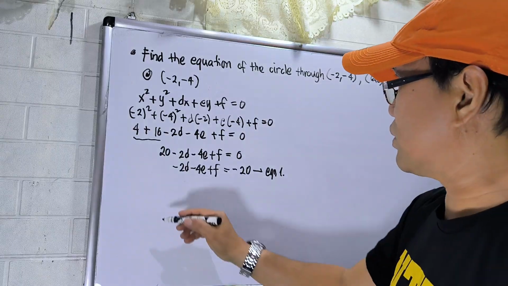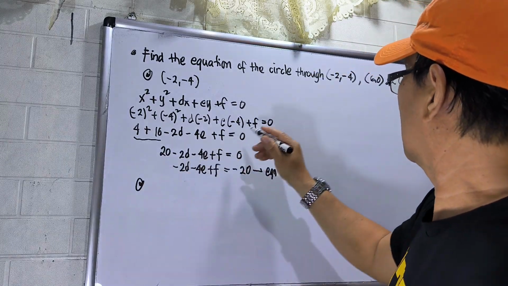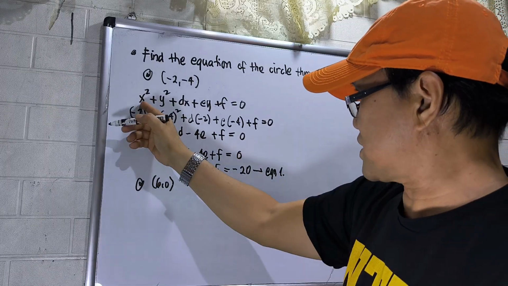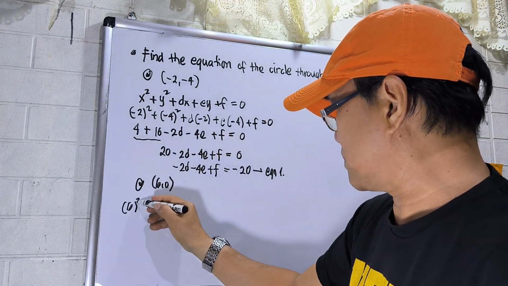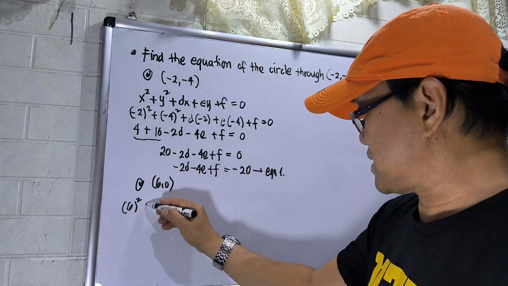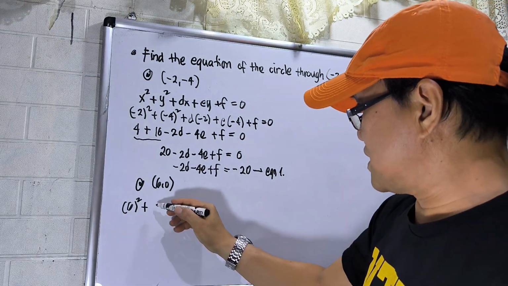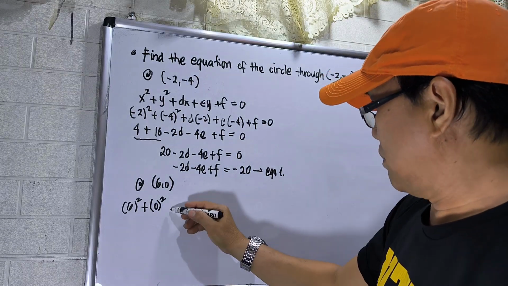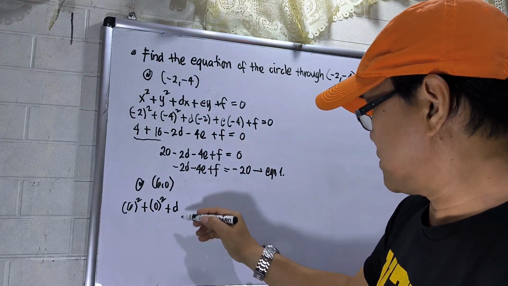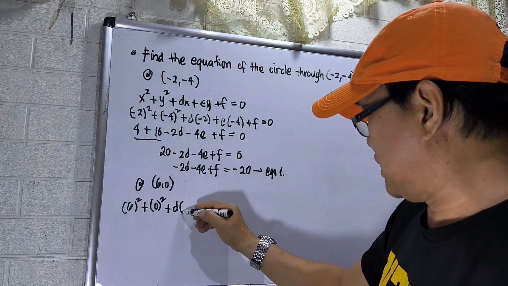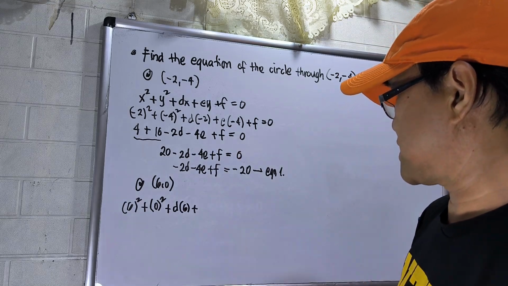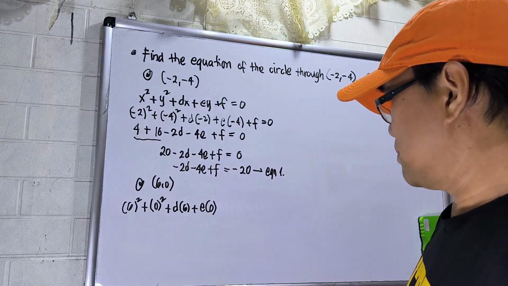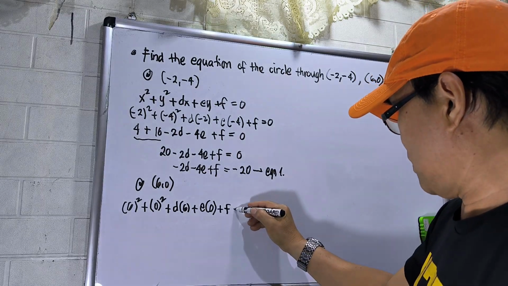Okay. So next will be at point 6 and 0. So x squared, this will be 6 squared, and then plus y is 0 squared, and then plus d times x, so this will be d times 6, plus e times 0, and then plus f is equal to 0.